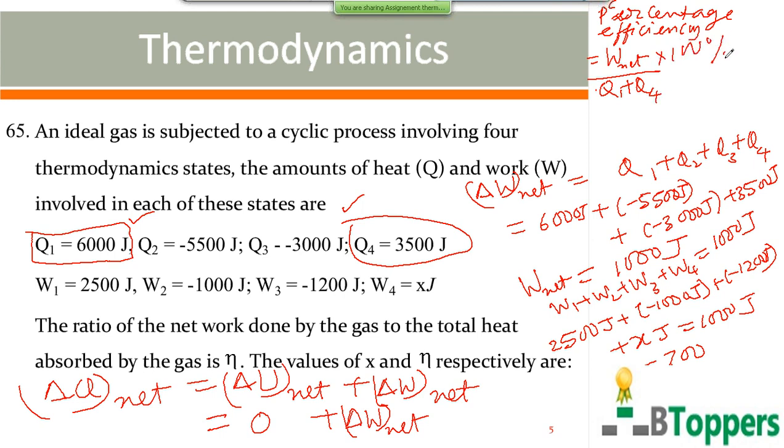Percentage is into 100%. So here net amount of work done during the cycle, we have already calculated, is 1000 joules. And Q1 plus Q4 will be 6,000 plus 3,500 joules, into 100%.